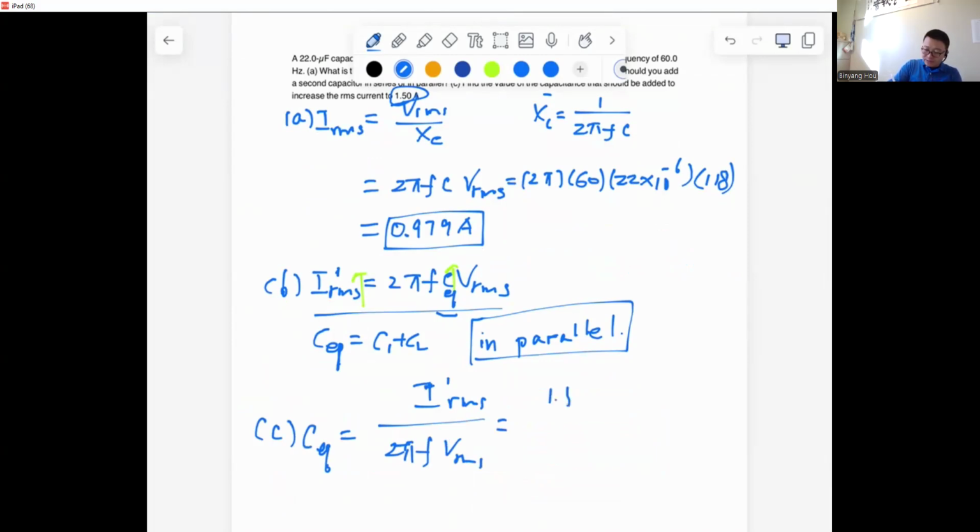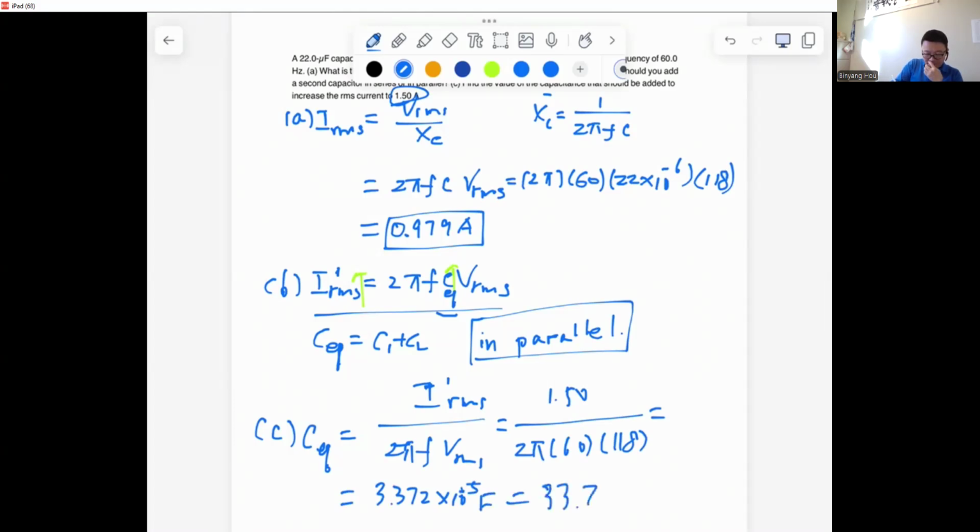The new current is 1.5 amps, 2 pi, 60, and 18. That will give us 3.372 times 10 to the minus 5, and this should be in farad. We can convert it into microfarad, which is 33.72 microfarad.